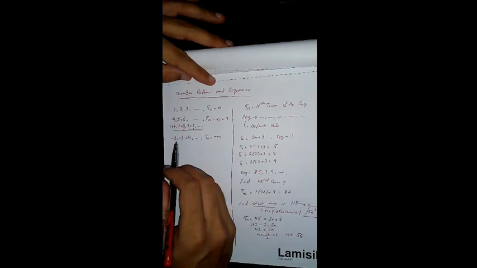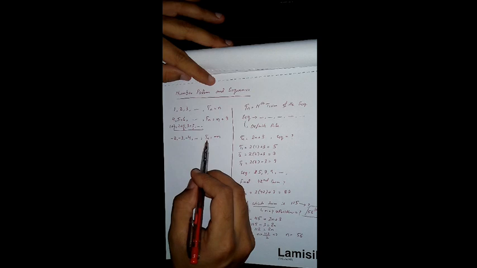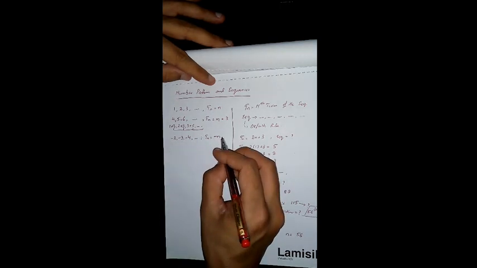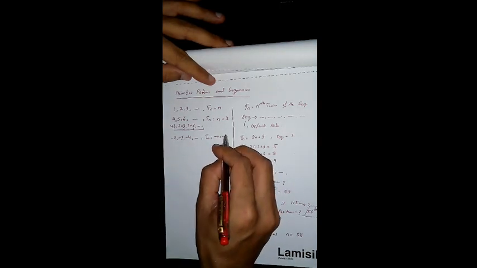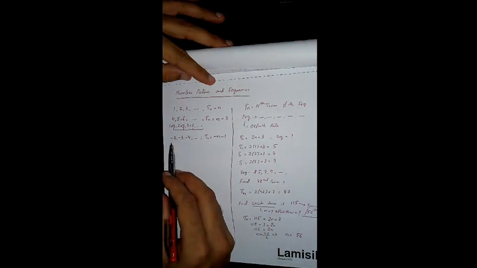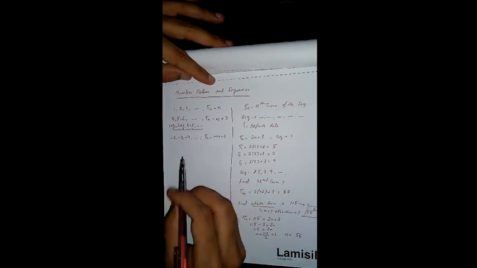For n equal to 1 I will get minus 1, but the number written here is minus 2, so 1 should be subtracted, so minus 1 minus 1 gives minus 2, minus 2 minus 1 gives minus 3, minus 3 minus 1 gives minus 4.